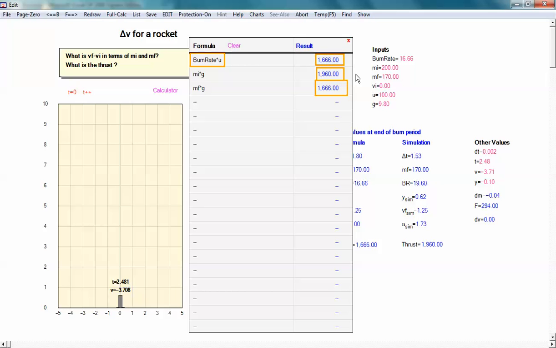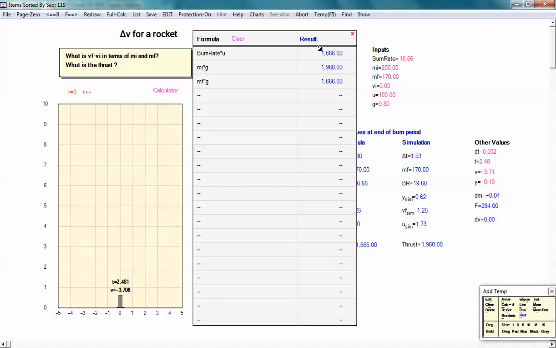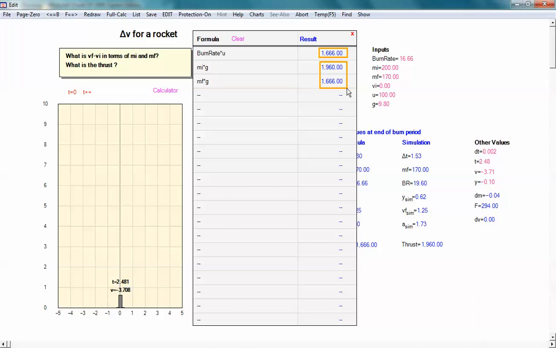Okay, now if I compare my thrust, which is this number here, with my two weights, it's not bigger than either of them, so it's not going to take off in this case. So let's just check that. Let's initialize and then start my engine, and it just sits there, never takes off.